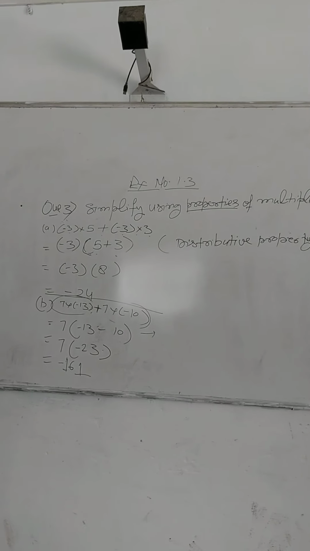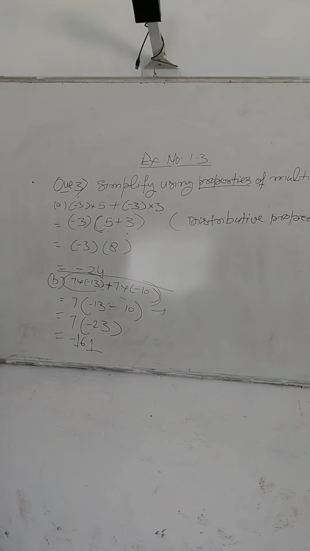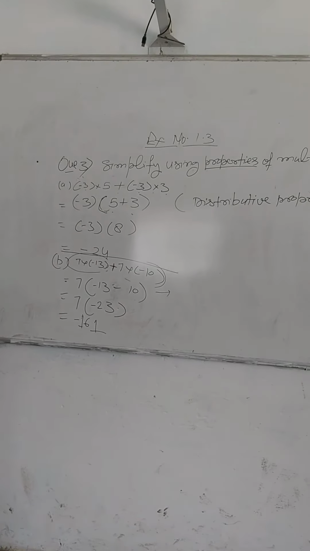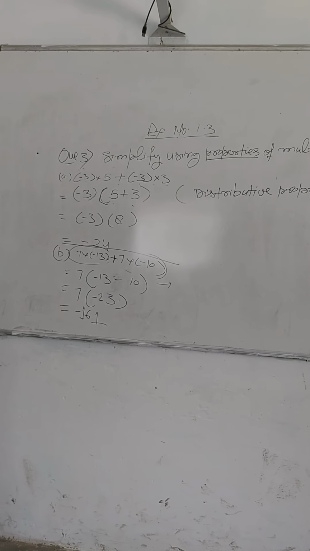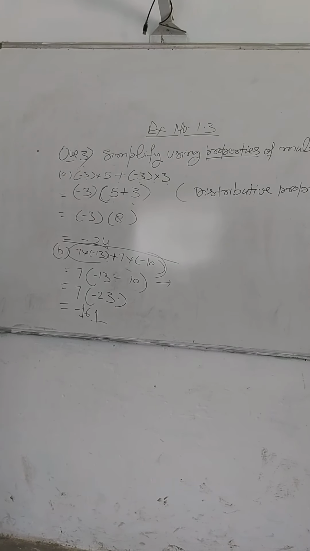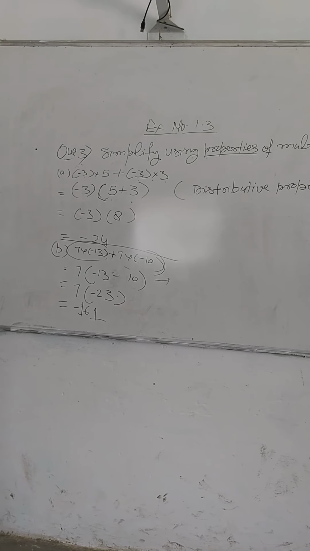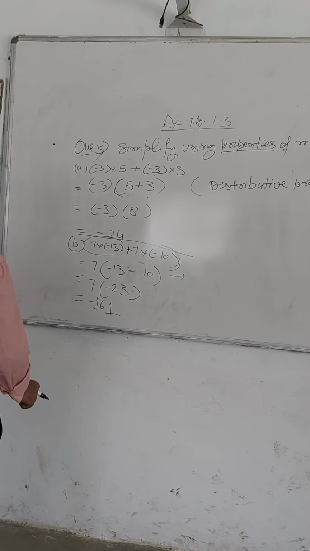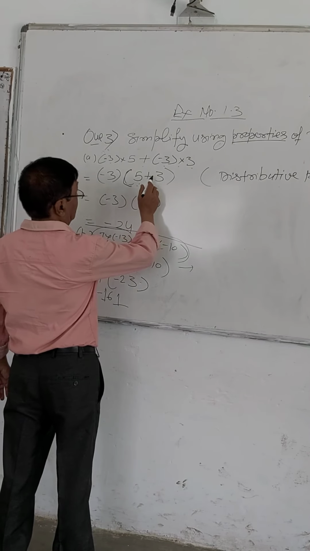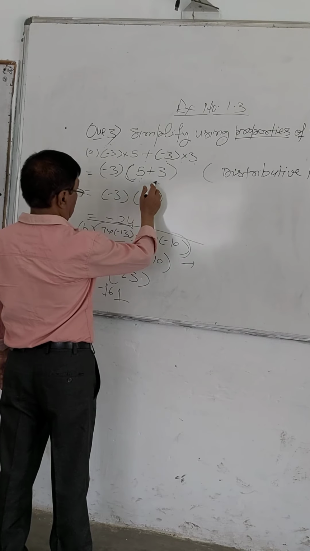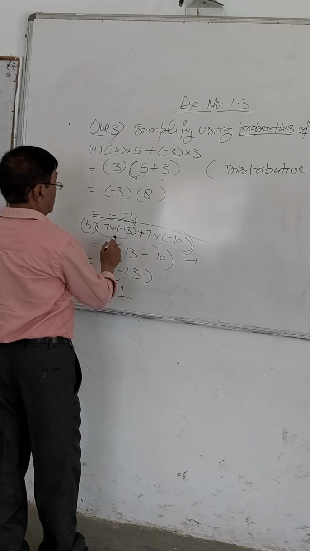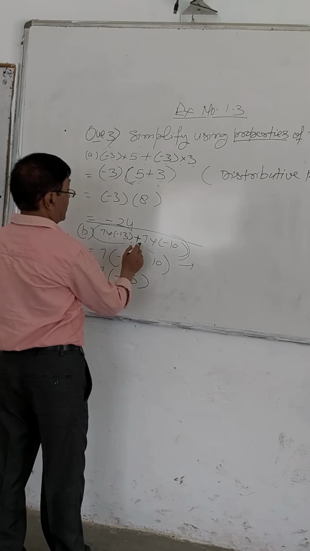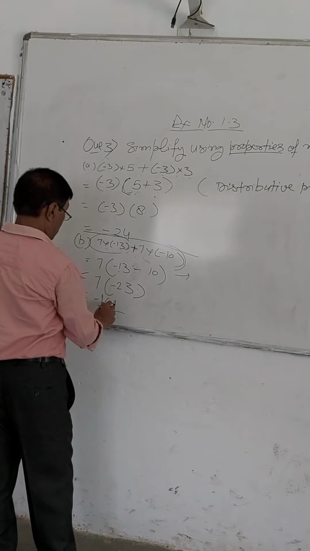Question 1.3. So how much? 7 into 7, so minus 13, minus 10, 23, 160.